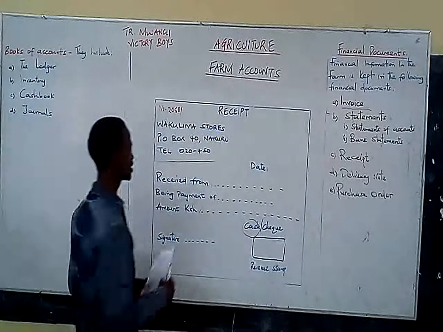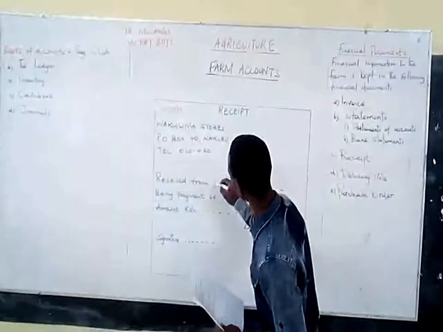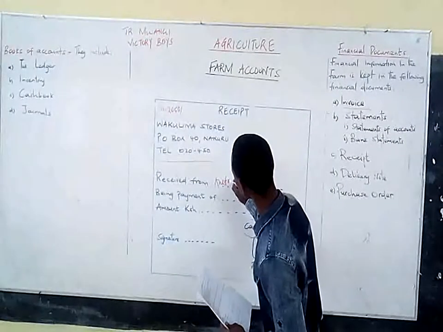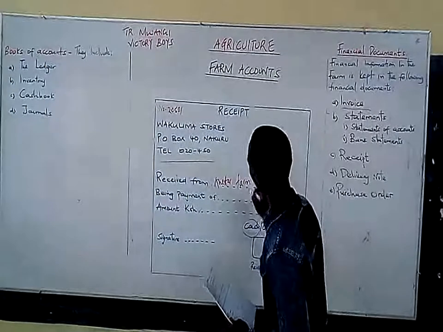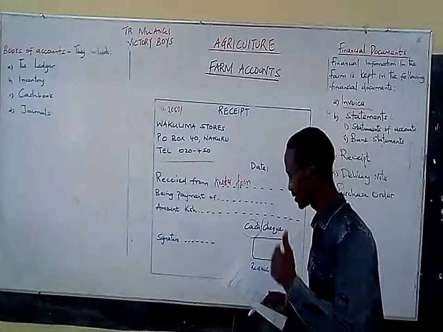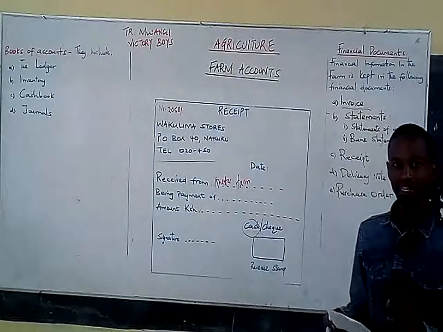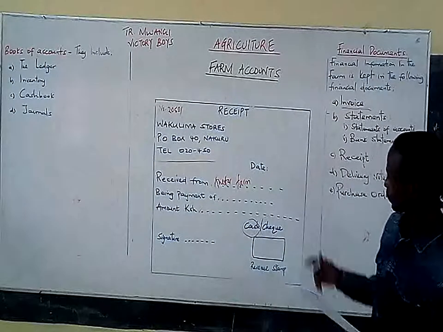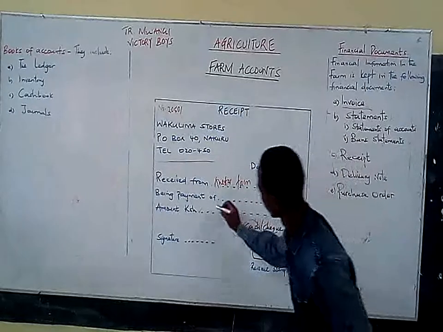So it will be received from Anesta Farm. Being payment of, we had earlier purchased fertilizer and dairy, which was a total of 6,000.